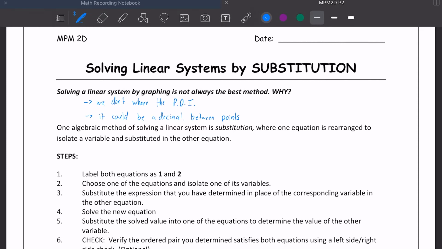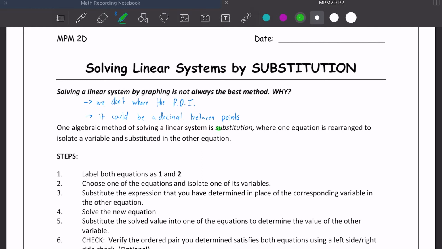It's good for when the equations are simple and you think you're going to get a nice whole number, but oftentimes we don't get those nice whole numbers. We get evil decimals or fractions, and you can't accurately find out the point of intersection from graphing if that's the case.